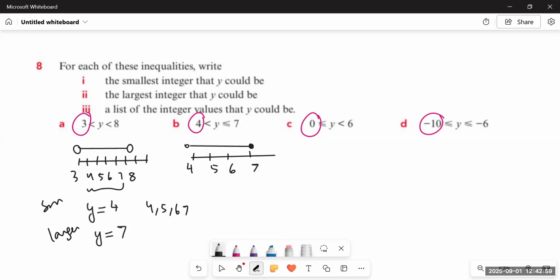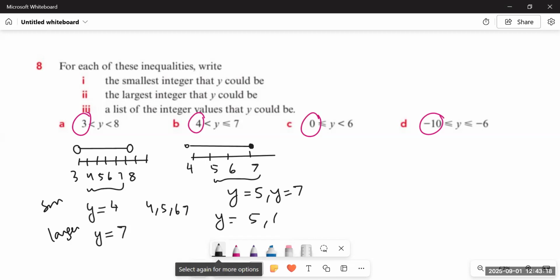So it includes 5, 6, and 7 and not 4. The smallest one is 5, the greatest one is 7, and y includes 5, 6, 7. The three numbers are included.